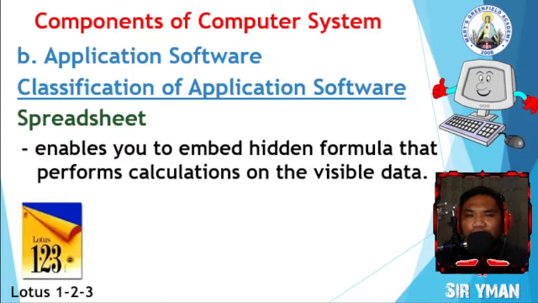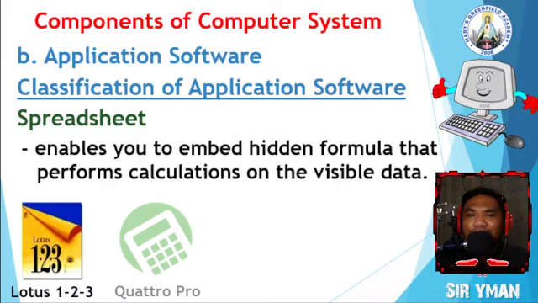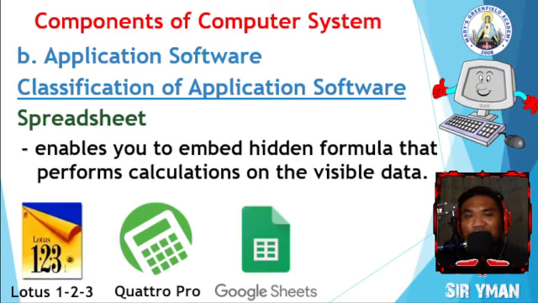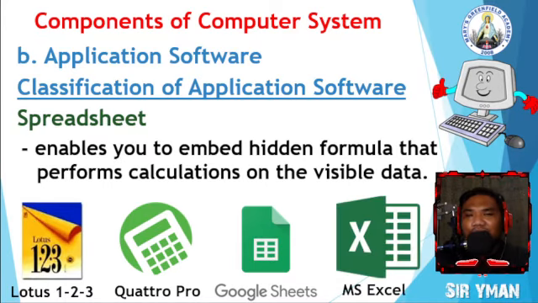Examples ay Lotus 1-2-3, Quattro Pro, Google Sheets, and siguro yung most popular ay Microsoft Excel or MS Excel. So how to use the spreadsheet, nagkaroon tayo ng discussion before, di ba? So meron tayong word processing, meron tayong spreadsheet.